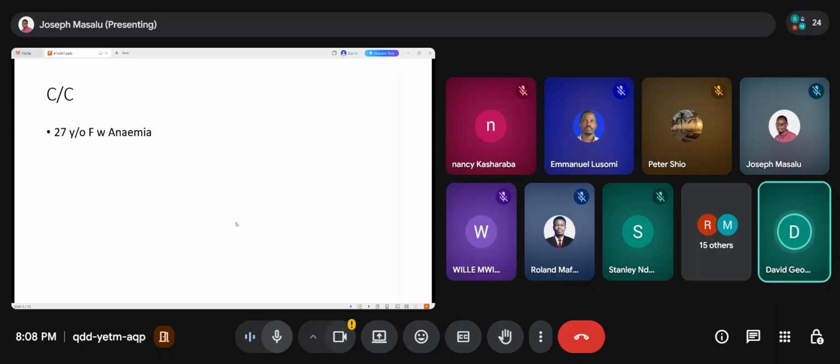But you can also have viral infections that lead to anemia and pancytopenia generally, like CMV, EBV, HIV itself, parvovirus, and many others. So that is the bone marrow having an issue, an issue with hematopoiesis.